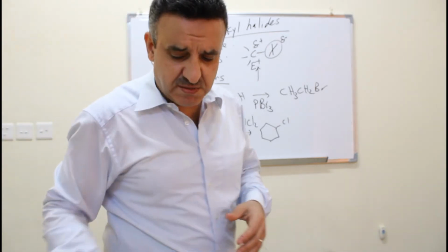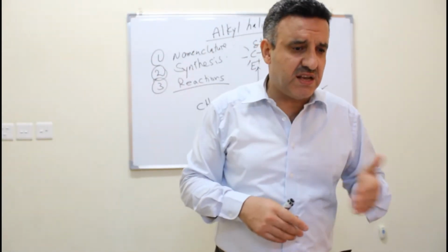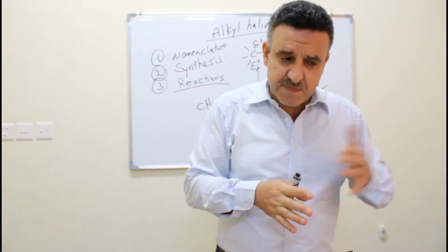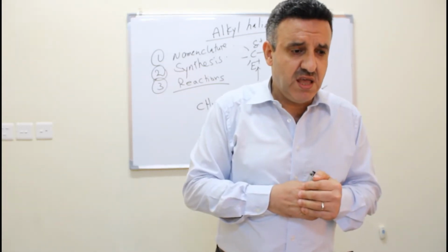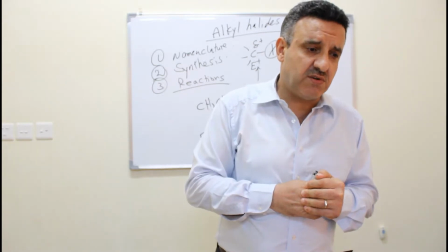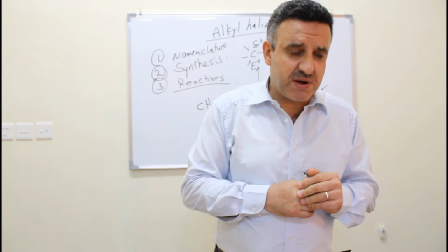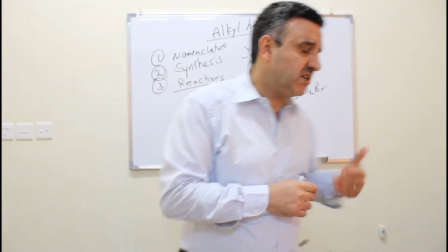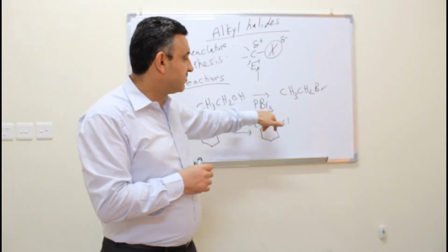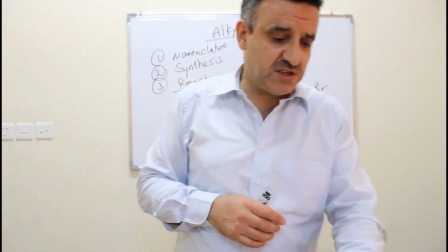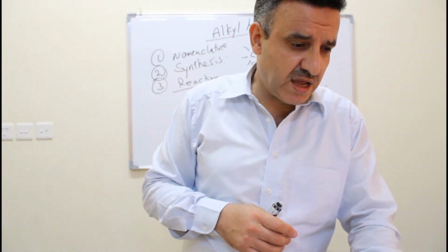So in principle, it depends on the nature of the alkyl halide which we are going to synthesize. If it is tertiary, prefer to use the reaction of alcohol with HX directly. If it is primary or secondary or methyl, then it's better to use either phosphorus tribromide for bromination or thionyl chloride for chlorination of the alcohols.